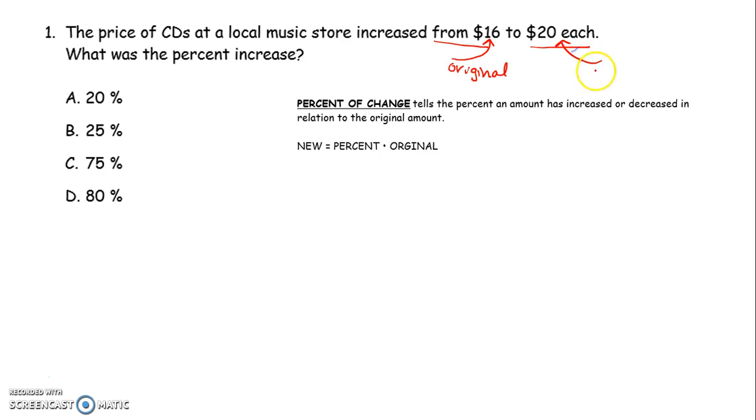And now it's up to $20, that's new. And then it's higher, so they're looking for what percent did the price increase. So if we take a look at our new equals, we don't know the percent. So let's call that X. Times, what's our original? Our original was $16.